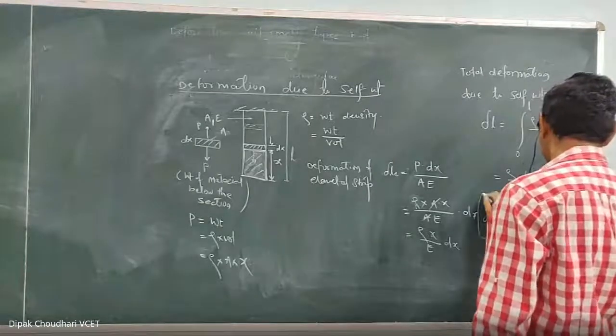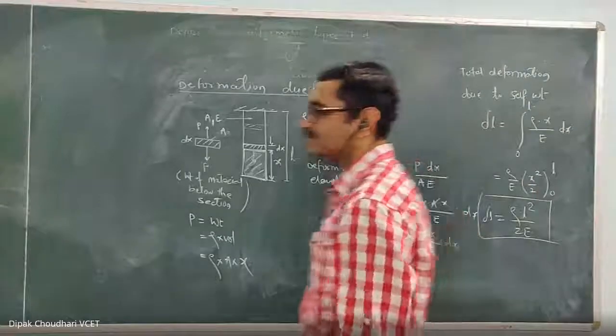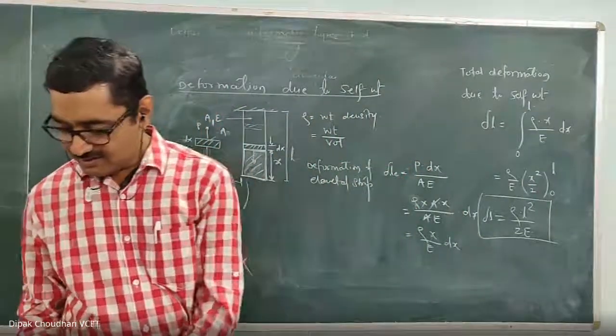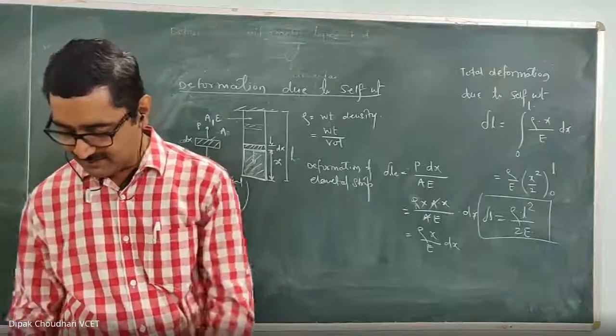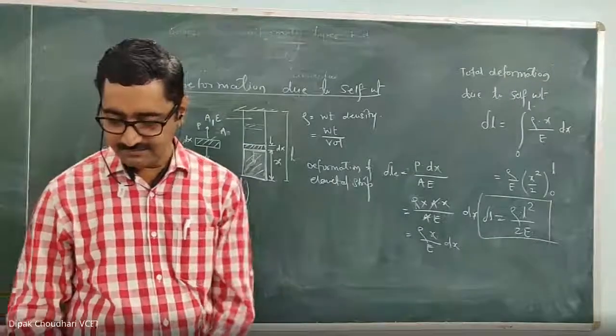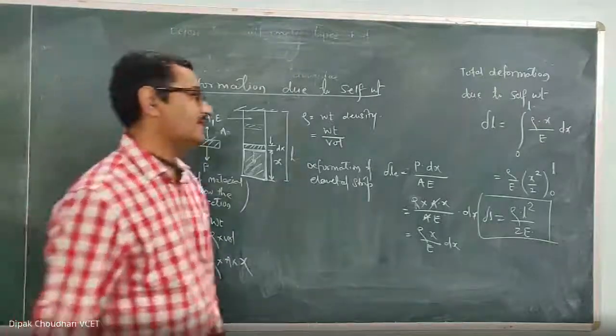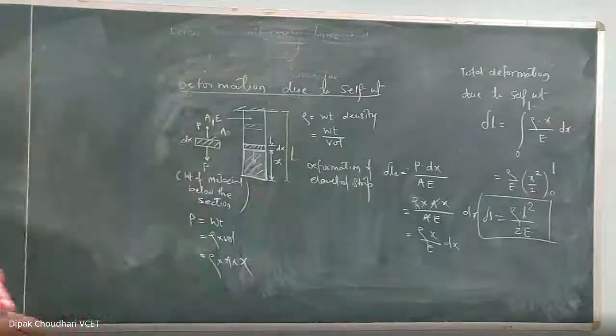This is the deformation of the rod due to the self weight. It is rho L square upon 2E. Correct? Understood this?